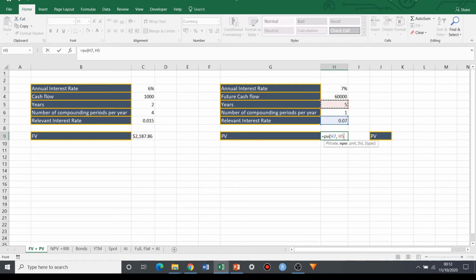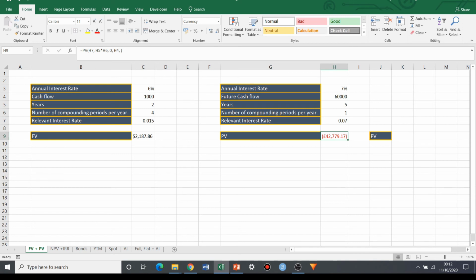Well, it's just going to be H5 times H6. What's the payment? Well, bear in mind that only applies to situations where we have multiple cash flows. So in this case, we're just going to put 0. What's the future value? Well, we're just going to choose 60,000 or cell H4. And then because we put 0 in the payment argument, we can just close the brackets here.